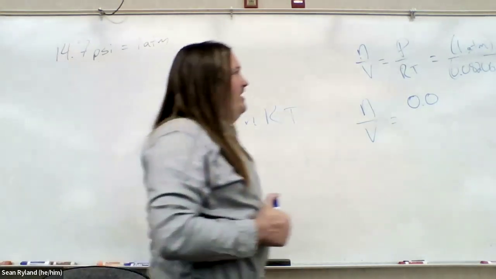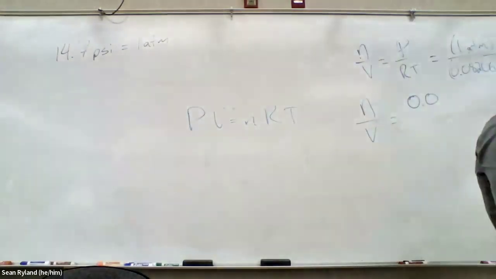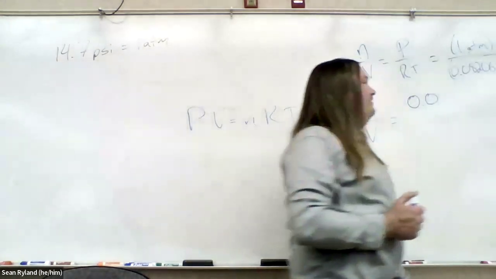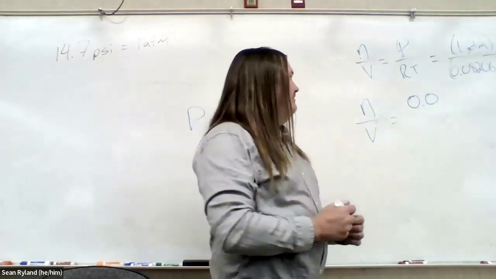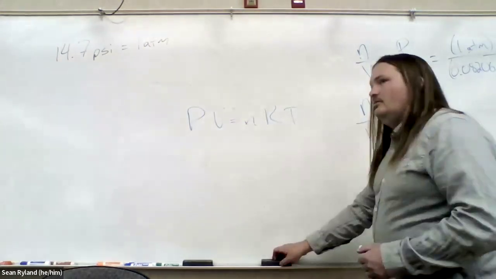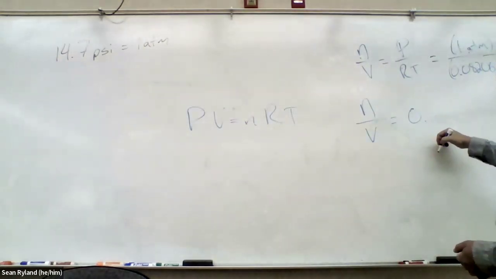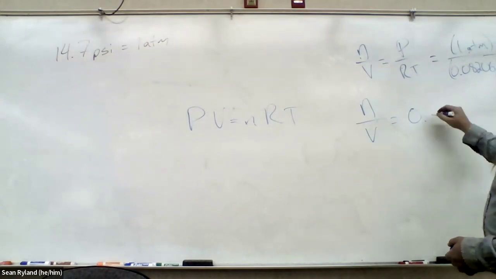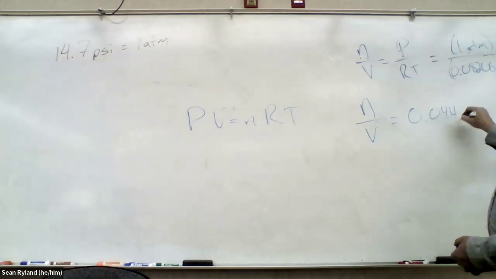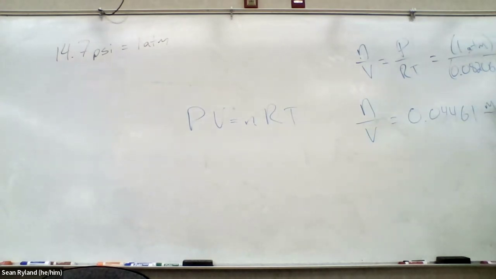So 1 over 0.08. That answer divided by 273.15. Give me 4 sig figs on it. That's going to be moles per liter.